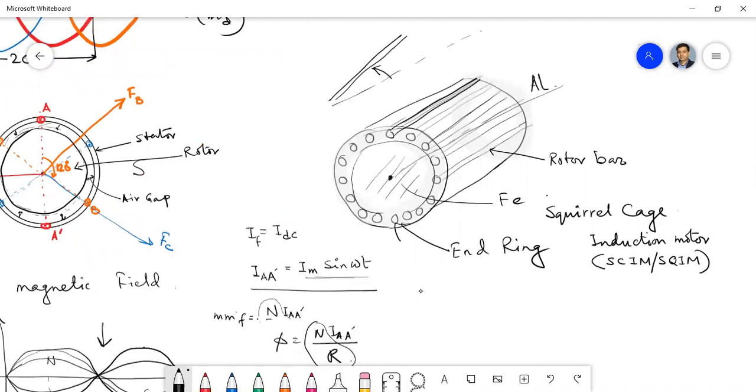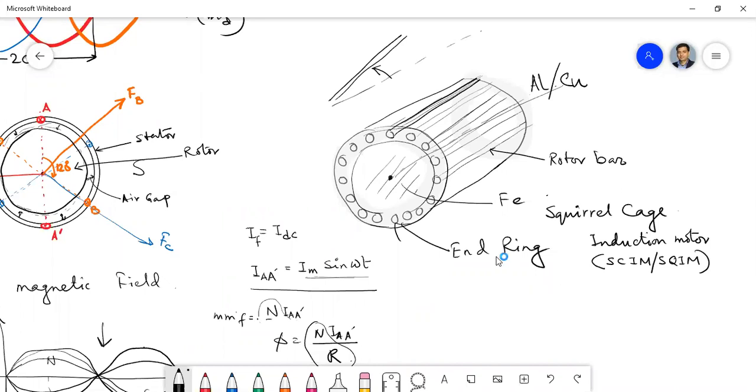Here we have either aluminium or copper bars, and at the end, the bars will be shorted by either aluminium or copper end rings. If the bars are made of copper, you have to use copper end rings. If the bars are made of aluminium, we have to use aluminium end rings. Okay, so this is one type of construction.